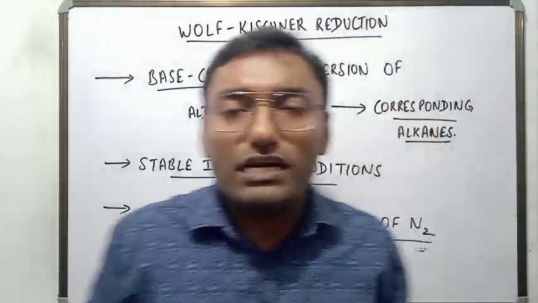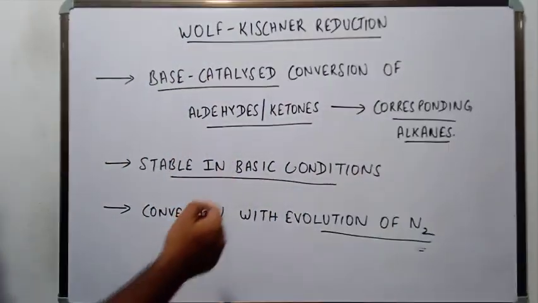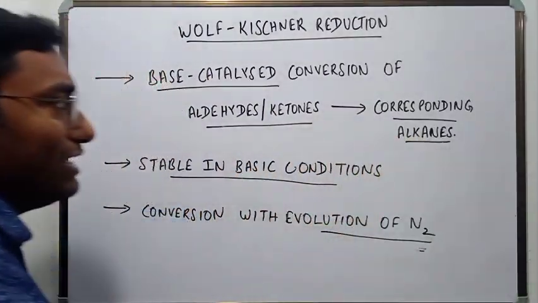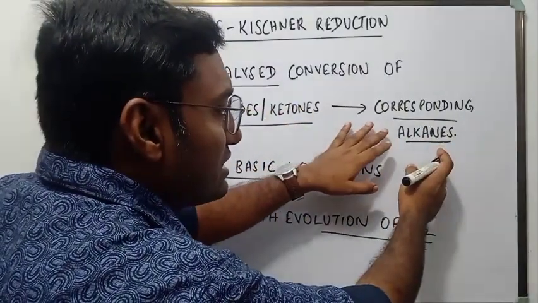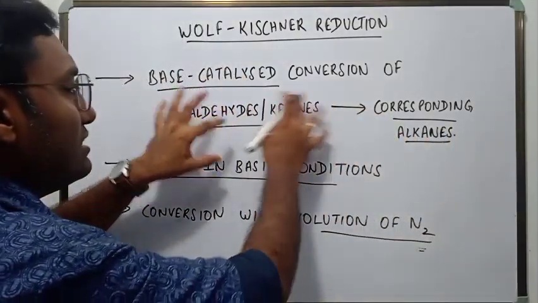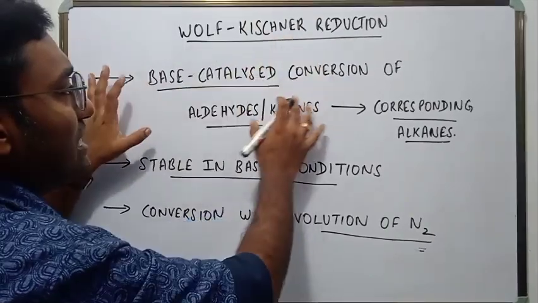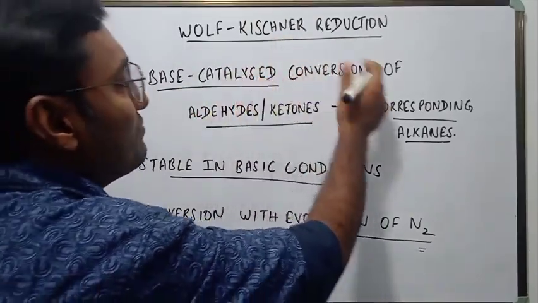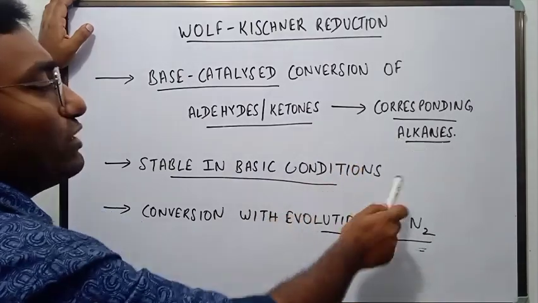So the Wolff-Kischner reduction is a method to convert aldehyde and ketone into its corresponding alkane. Aldehyde and ketone convert into the corresponding alkane or corresponding hydrocarbon. In this method we use a base as catalyst. So it is basically a base catalyzed conversion of aldehyde and ketone into its corresponding hydrocarbon.